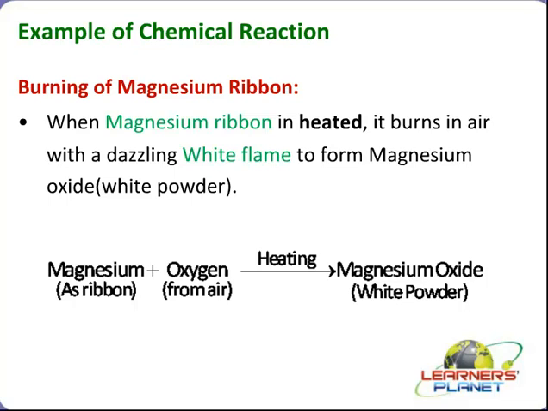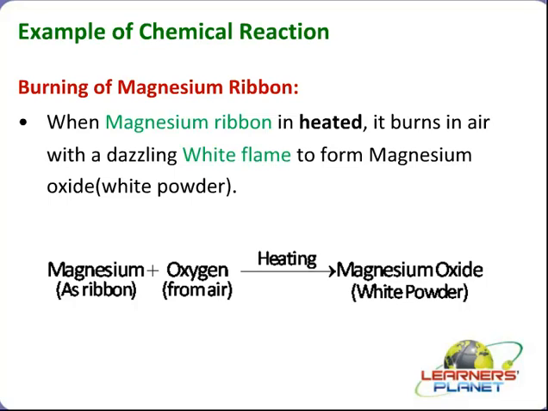Okay, now let's take an example, that is burning of magnesium ribbon. When magnesium ribbon is heated, magnesium reacts with oxygen, or burns in air, and forms what? Magnesium oxide. Now this magnesium oxide is a white powder. It is altogether a new product. It has properties different from magnesium as well as oxygen.